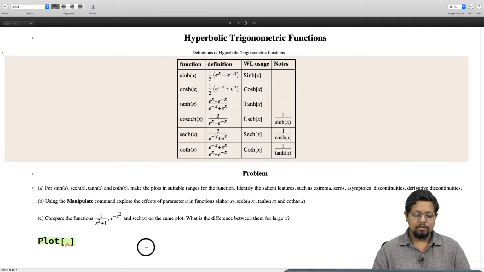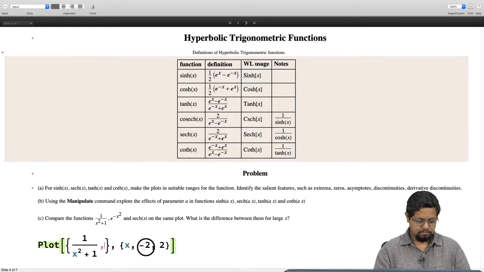So I'll plot the Gaussian, the Lorentzian, and the last function I want to plot is secant hyperbolic.